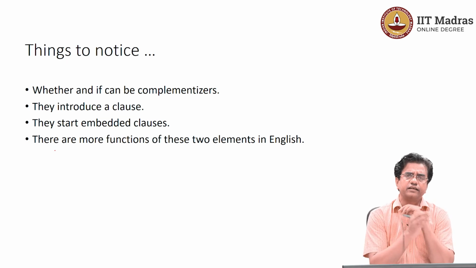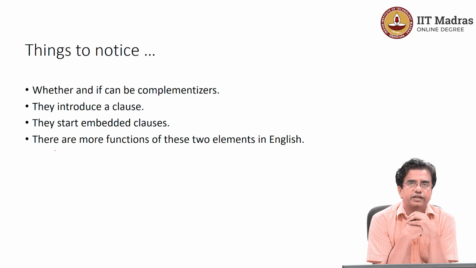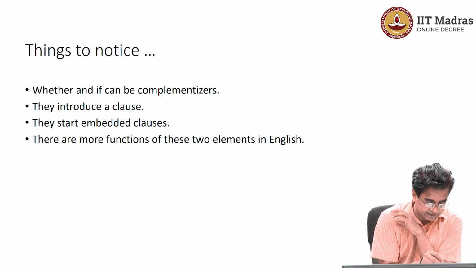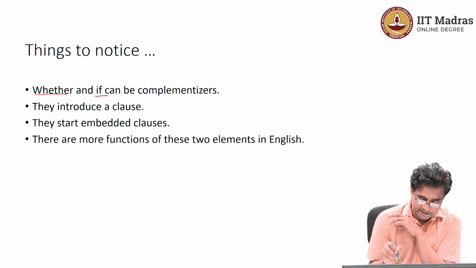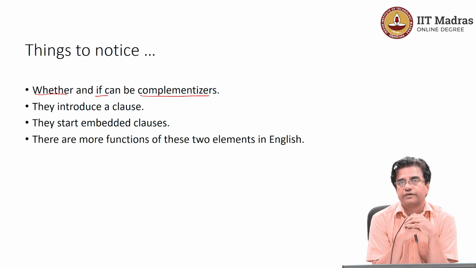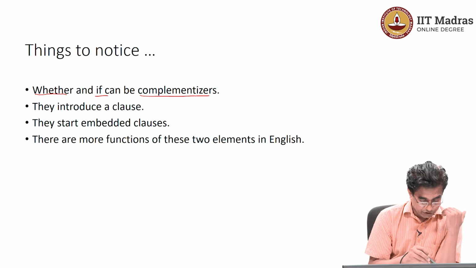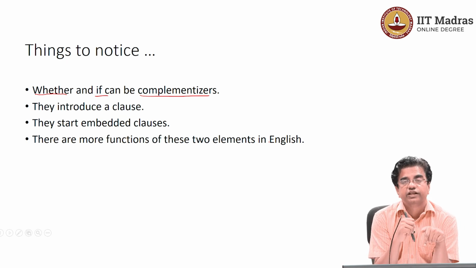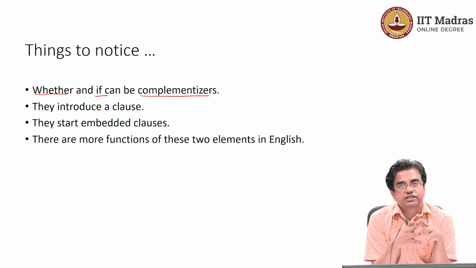So basically, what we need to keep in mind about whether and if type of clauses is they are complementizers. They introduce a complement, but there are more contexts in which they can be different types of complement.